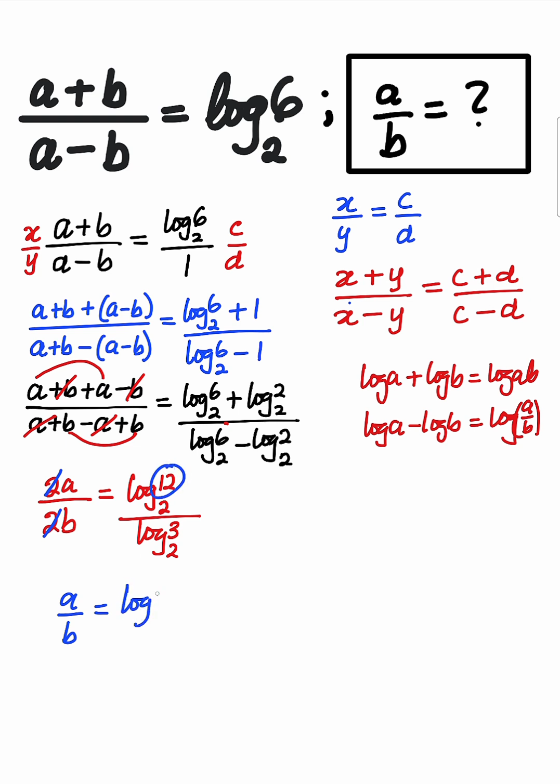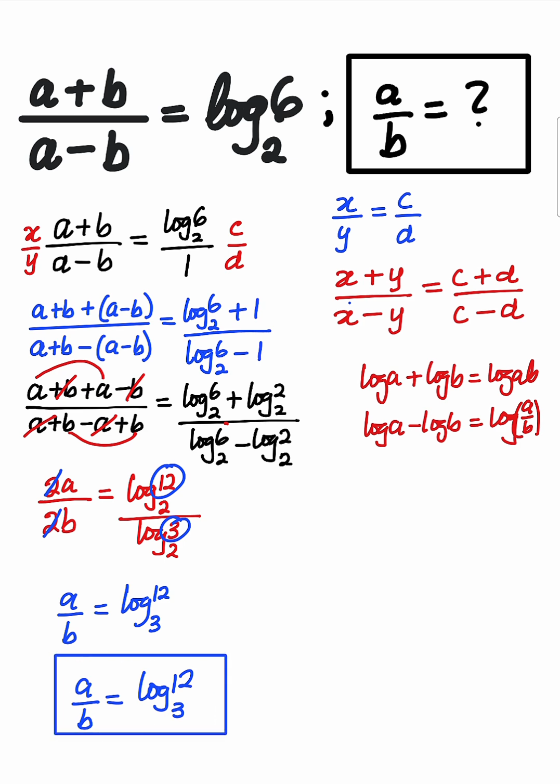This is 12, you write it here, then this is 3, you write it as the base. So a all over b equals log 12 base 3. Final answer. As simple as that.